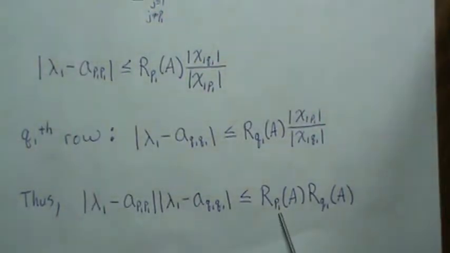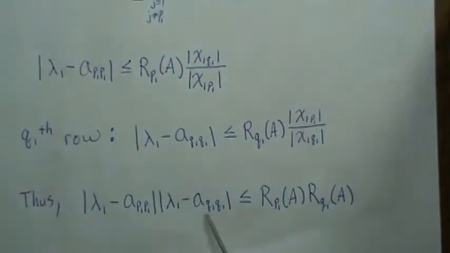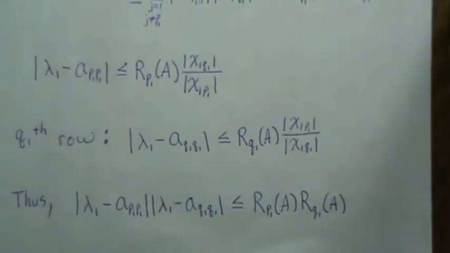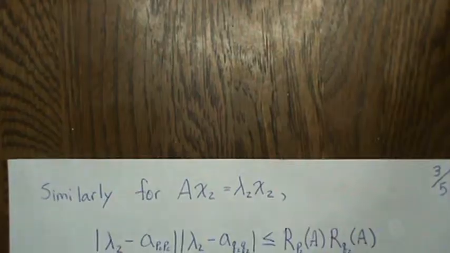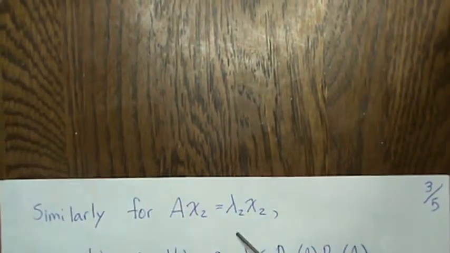Now we don't know which row and which row. These are two different rows that will be used, but we do know that if we pick these two rows, then the eigenvalue will satisfy that. That's a fact. Then we can do the same thing for the second eigenvalue and eigenvector.